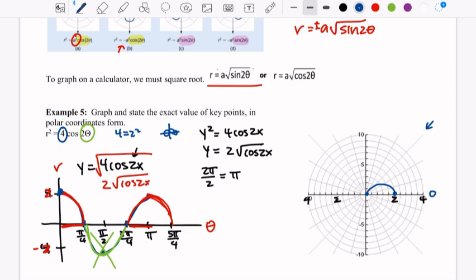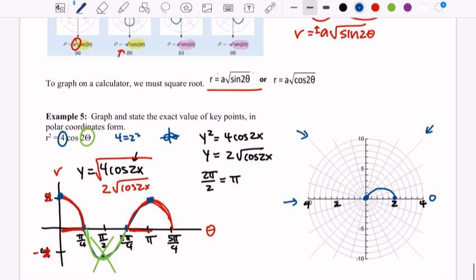Now, the next input that I can have is going to be 3 pi over 4, okay, which we know is 0 again. Then, when we go to pi, we have a radius of 2. So actually what's happening is this isn't graphing like a normal infinity, right? Infinities we expect to graph like this.